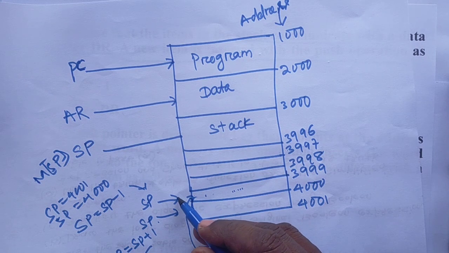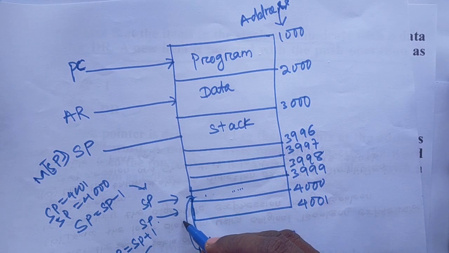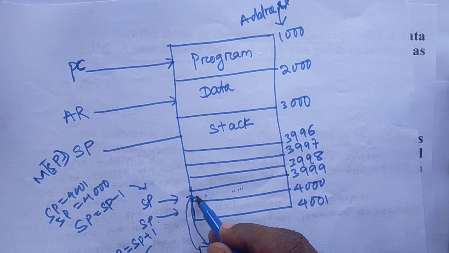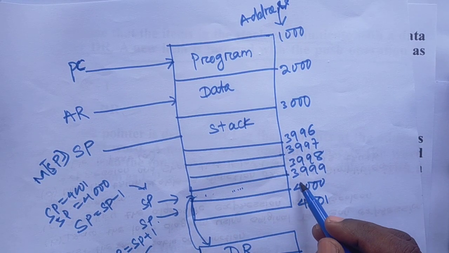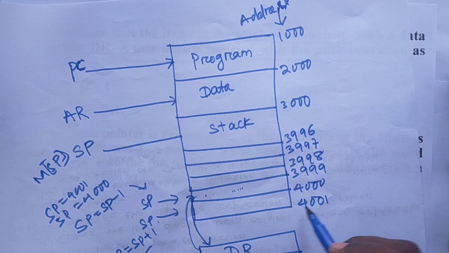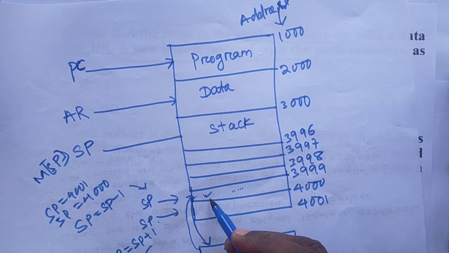Suppose SP is here, SP plus 1, then the address comes to here, suppose from 4000 to 4001, and automatically this data will be deleted and stored in DR.